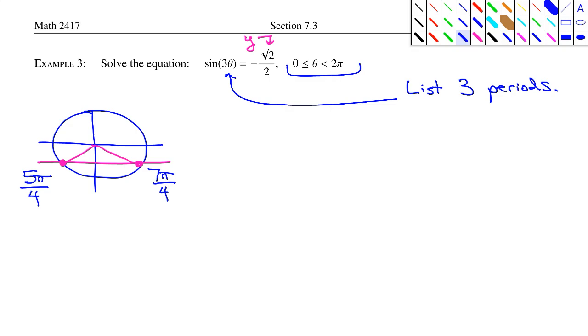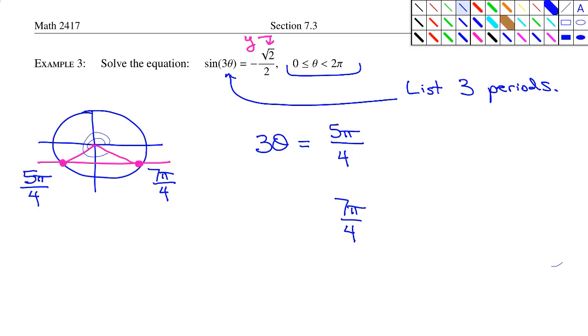Now, the angle that we're dealing with at this particular moment is not theta. It's 3 theta. So I'm going to list all of these that 3 theta could be. It's going to be 5 pi over 4 and 7 pi over 4. That's in the first rotation, like so.